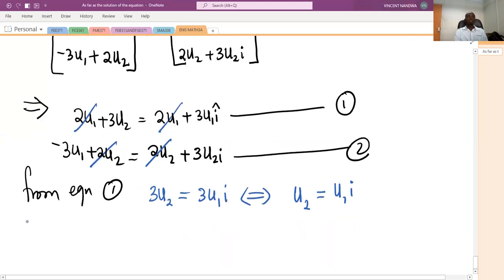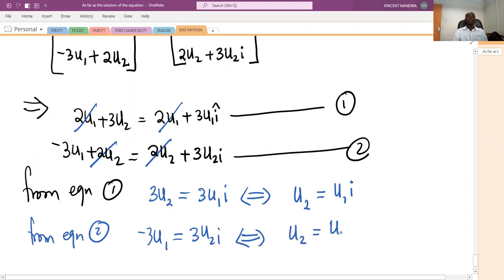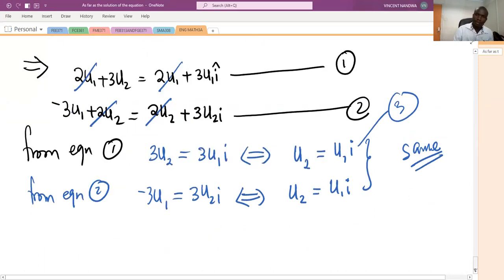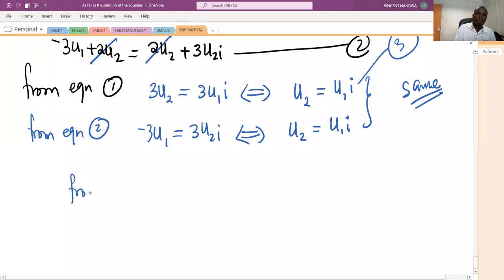Also, from equation 2, we have negative 3u1 equals 3u2i, and you should get that u2 is still u1i. These two equations are the same. So if I call this equation 3, then from equation 3, let u1 be a real number t, which is non-zero.